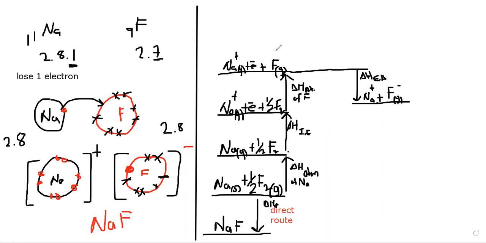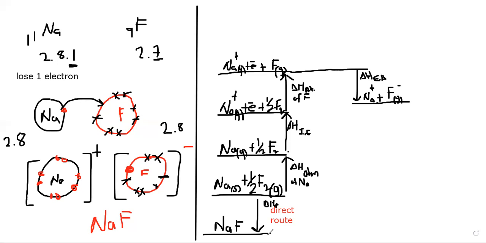So fluorine atom is gaining the electron. First electron affinity is an exothermic process. So as you can see, the arrow is pointing downwards. If it had gained 2 electrons, we would have drawn a second arrow going up because the second electron affinity is endothermic. So only the first one is exothermic. The others are endothermic.